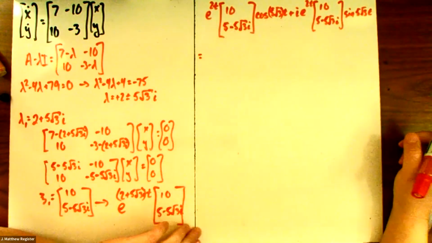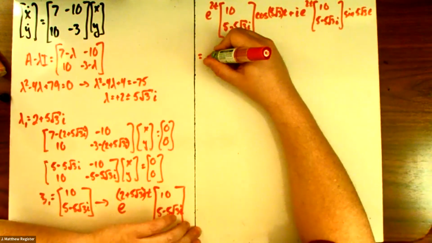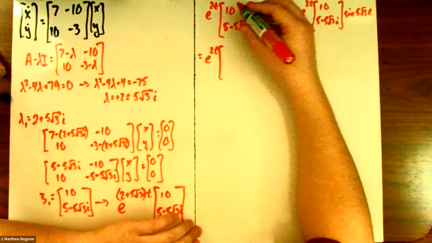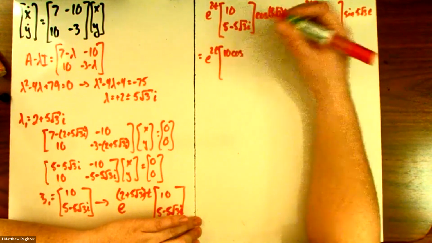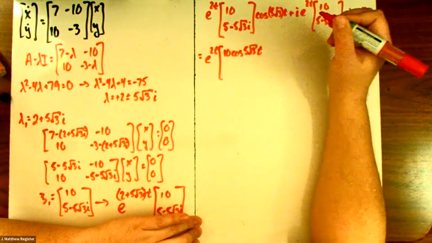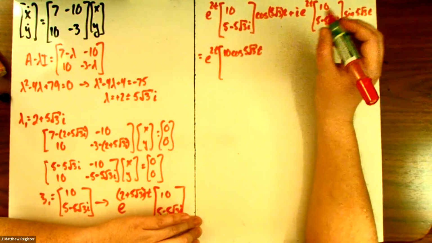We are going to have the real components and the imaginary components. So we will have the e to the 2t. For our real components, we will do a 10 cosine of 5 root 3 t. And then we will get the 5 and the cosine again.